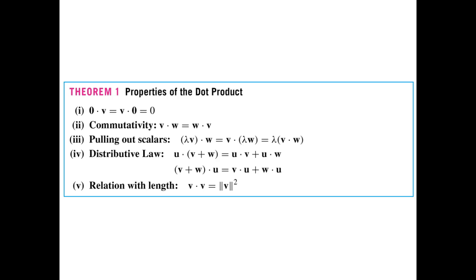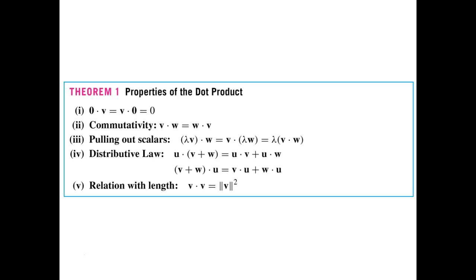Now remember, with these dot products, it's going to be a scalar answer, and the first one would be lambda times v1 times w1 plus lambda v2 times w2 plus lambda v3 times w3. Same thing. For the next one, it's v1 times lambda w1 plus v2 lambda w2 plus v3 lambda w3. So in other words, you can factor out the lambda, which gives you lambda times v1 w1 plus v2 w2 plus v3 w3, which is lambda times v dot w. Always scalars.